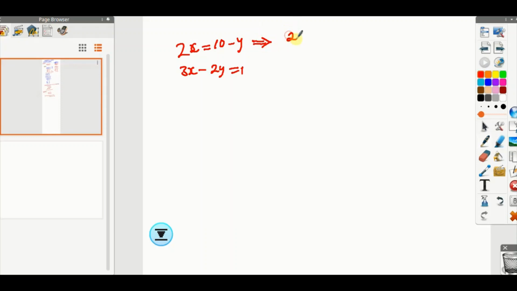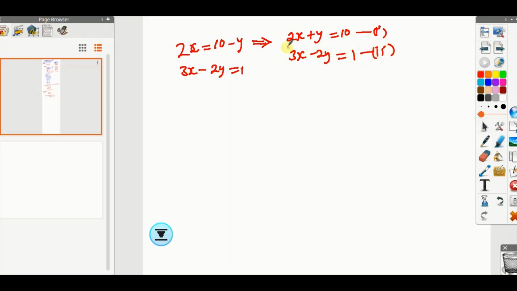We have 2x. When this negative sign comes to the left hand side, it will become a positive sign, so y equal to 10. This is equation 1. And the second one, 3x minus 2y equal to 1. This is equation 2.